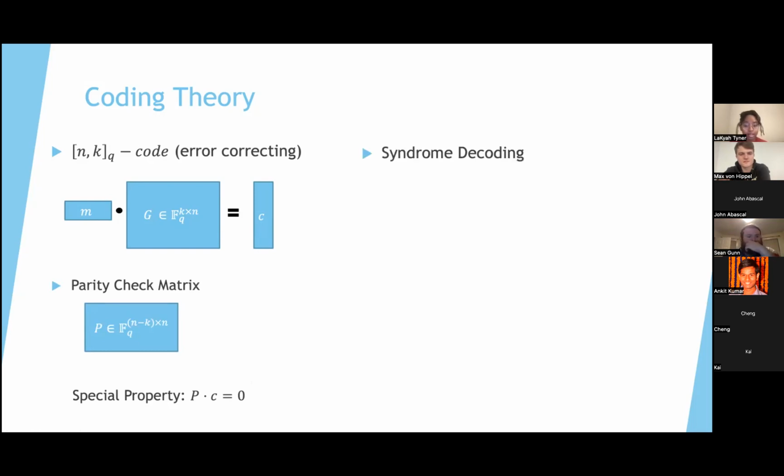Okay, and a process for actually recovering from error that occurred during transmission is known as syndrome decoding.